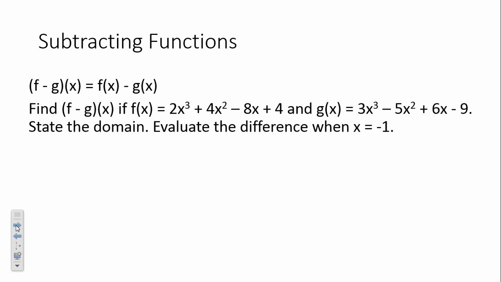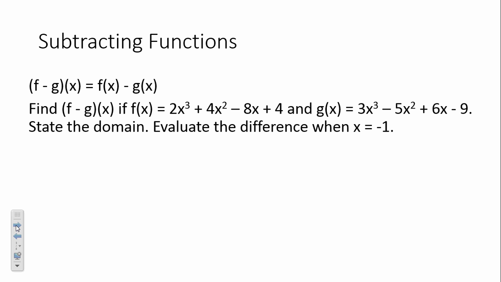Subtracting functions. If we have an f minus a g of x, that means we're going to take the function that stands for f of x and subtract the function that stands for g of x. Okay?